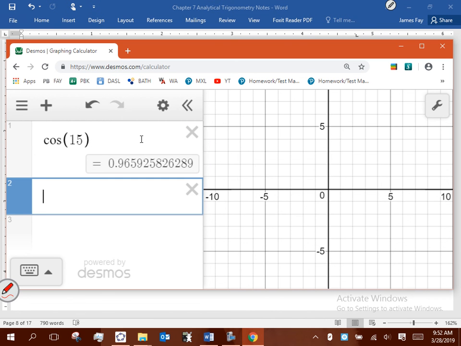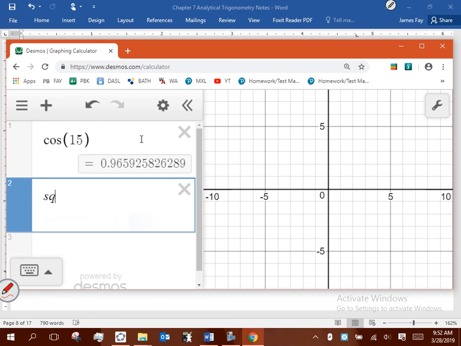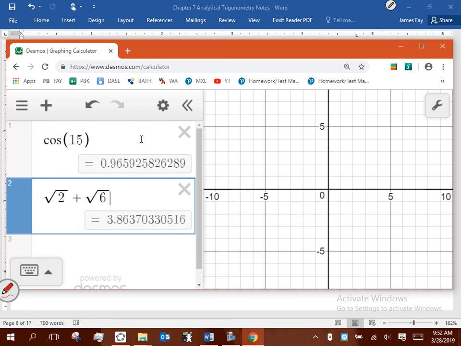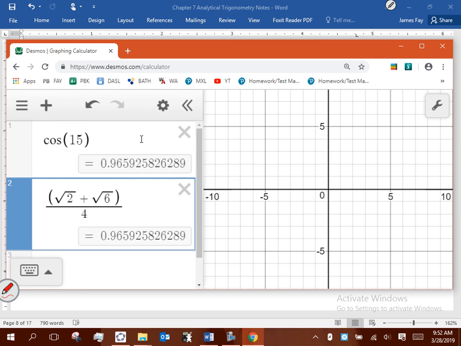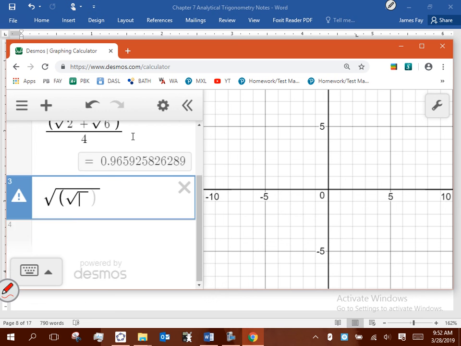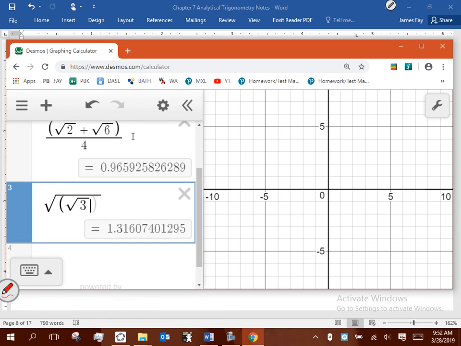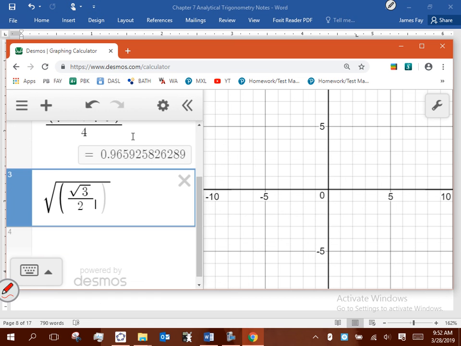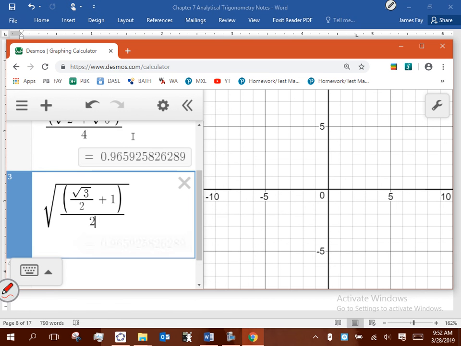We already did it using the sum and difference formulas and found out earlier in the week that it was the same thing as that number, right? Okay. We just found out that it is also the square root of the square root of 3 over 2 plus 1 divided by 2. Same answer, isn't it?